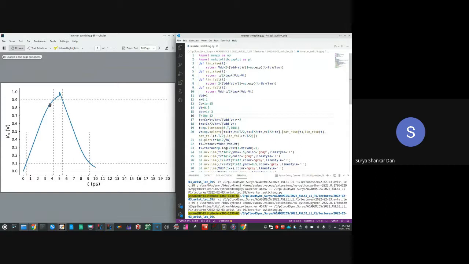There is a problem in my code, otherwise it should have started out with the maximum over here. I wrote VDD, so it should not be VDD, it should be the maximum at this point. Anyway, that's not the important thing. Notice that this point is T1, this is T2, this is T3, this is T4. Again, T2 and T3 should be the same, so we can reduce even further.